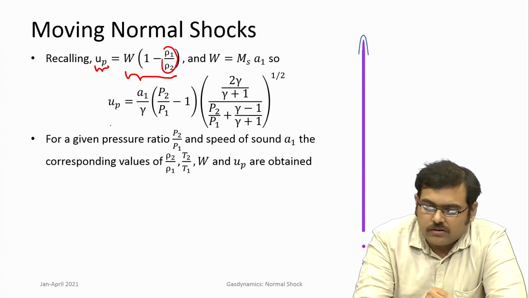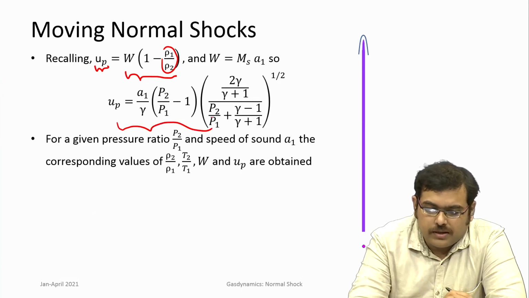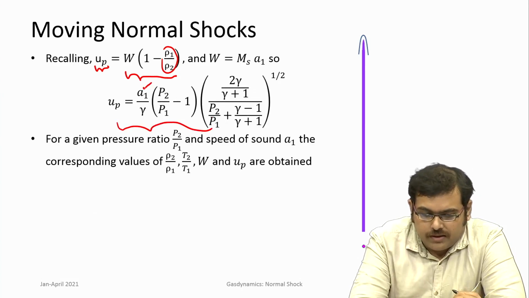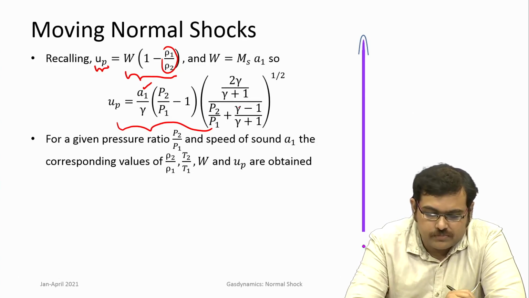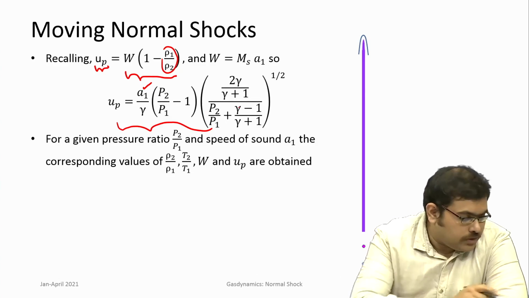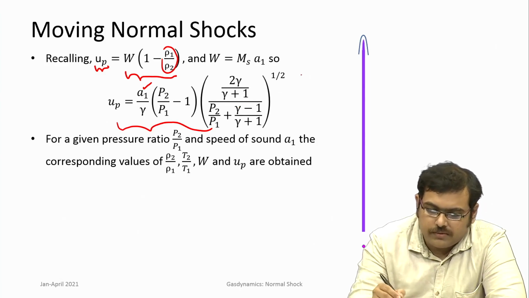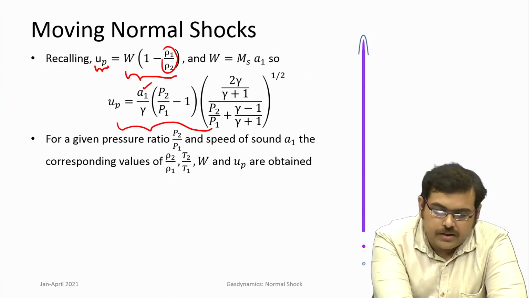Then you come to this particular equation for UP, which is expressed in terms of A1, which is the speed of sound in the medium into which the shock is going, and P2 by P1 and gamma. So, this is what is obtained. You can use this expression. So, P2 by P1 is expressed in terms of shock Mach number.